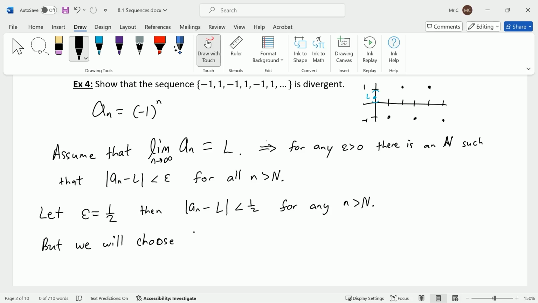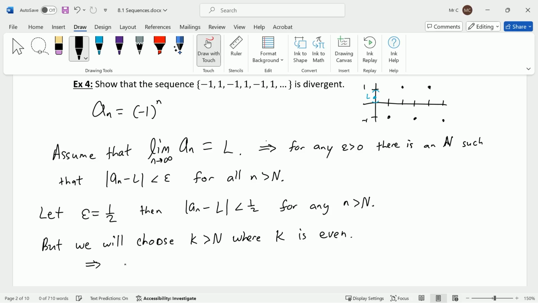So we're going to choose, in this case, what do I know is happening? Negative 1 to the nth power, it's alternating. So anytime n is an even number, I get a +1, and when it's an odd number, I get a -1. So I'm going to choose k greater than N, where k is even.